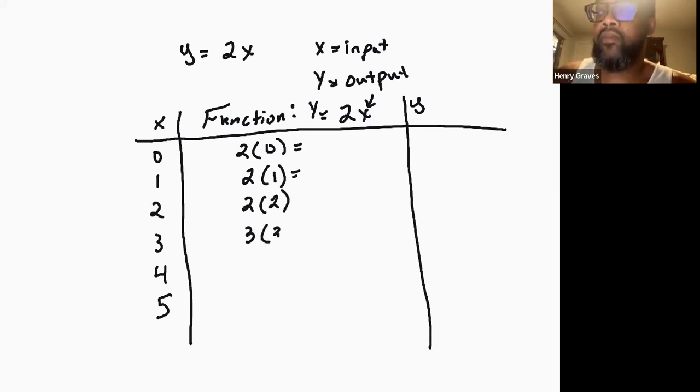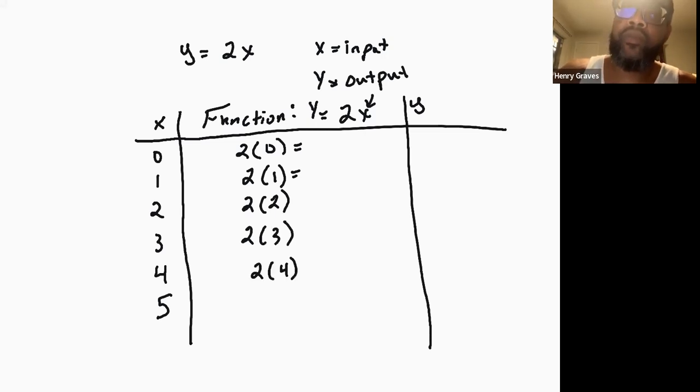Sorry. 2 times 4, and 2 times 5. So all I've simply done, guys, here on the table, is I replaced the x right here. That's why I'm using a different color code, so you guys can see I'm just substituting in numbers, right?